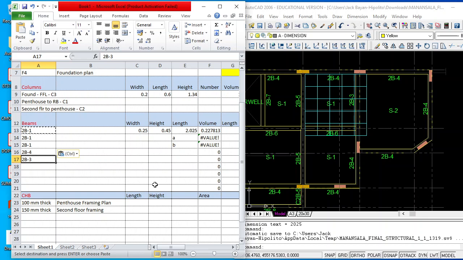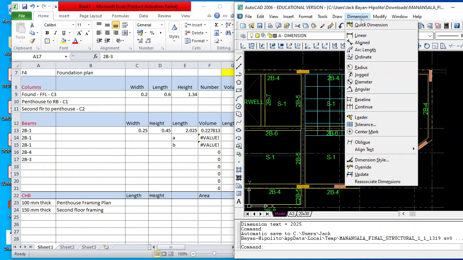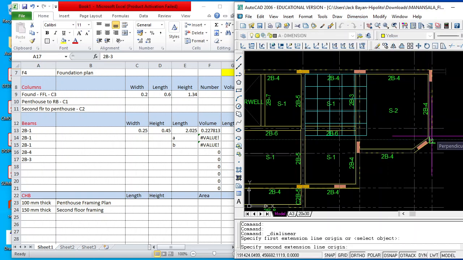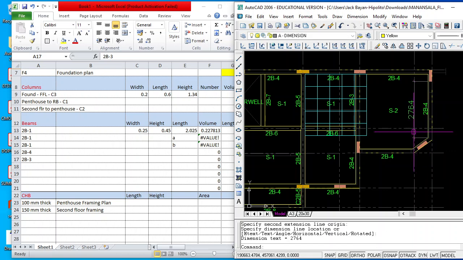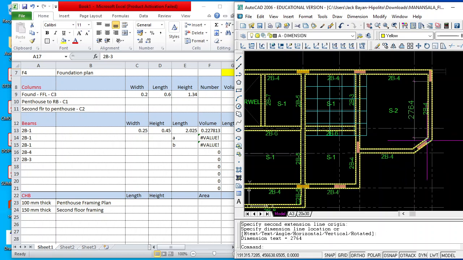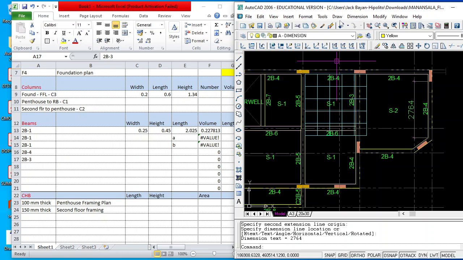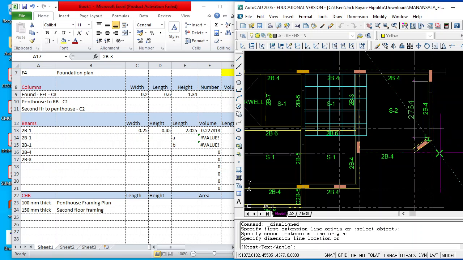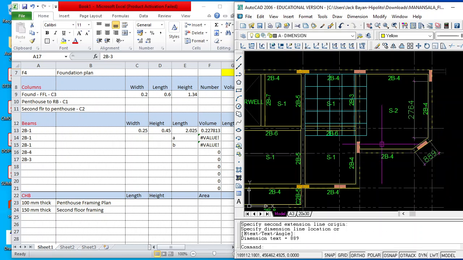Okay, so say the length of 2B4, if I measure it, will be this one: 2.76. I can also add this part, which gives the same answer, 0.889.